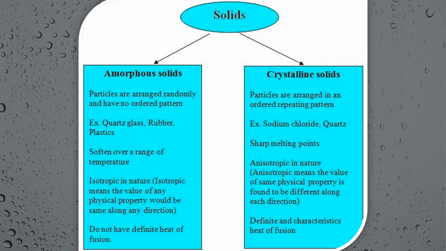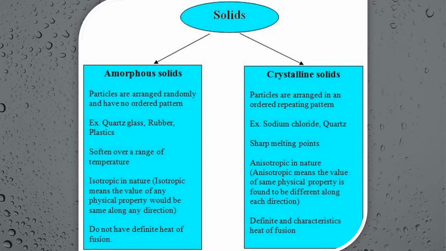Properties of amorphous solids are as follows. It softens over a range of temperature. It is isotropic in nature. Isotropic means the value of any physical property would be same along any direction. And it does not have heat of fusion.